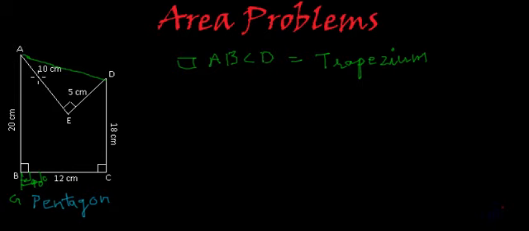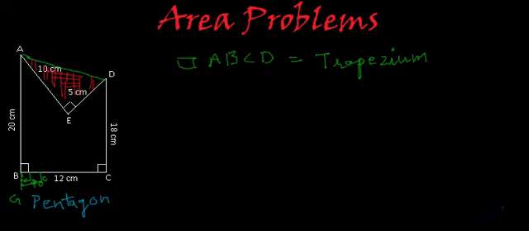Let's find the area of that trapezium, and if we remove this area, which is a triangle, and it is a right angle triangle where both the height and base are given to us, right? So we need not to find anything over here, isn't it? So if we find the area of trapezium ABCD and remove the area of this triangle, we will get the area of our original pentagon, right?